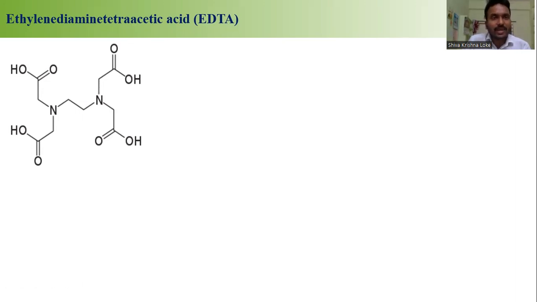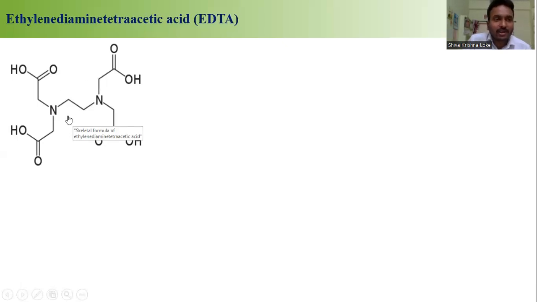This EDTA is one example of an organic molecule. So in this EDTA structure, if we observe, this EDTA is a hexadentate ligand. Sir, how is it called a hexadentate ligand? Because of the presence of two nitrogen atoms; here this nitrogen atom is a tertiary amine group. So this nitrogen contains a lone pair of electrons, and the other nitrogen also has a lone pair of electrons.